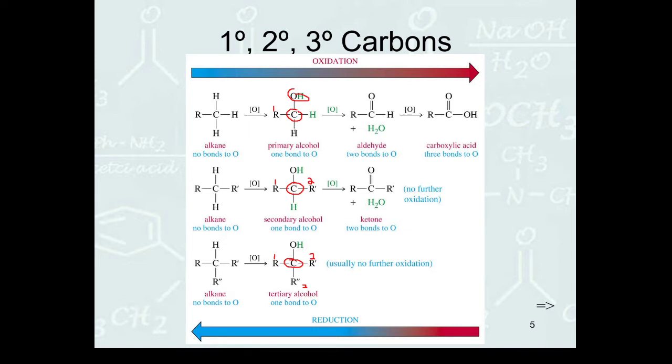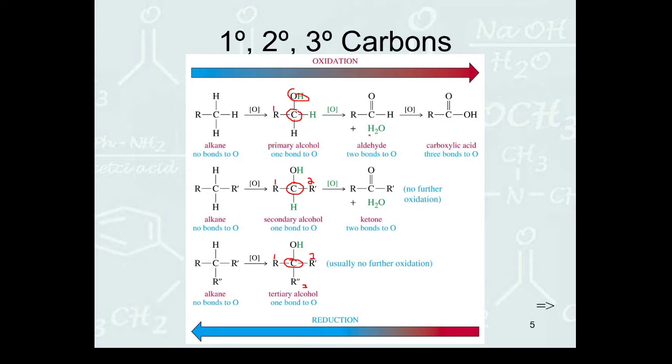So, if I take my alkane and do an oxidation to turn it into an alcohol, and I have a primary alcohol and put it in the presence of an oxidizer, and we'll talk about different oxidizers, I will turn a primary alcohol into an aldehyde.